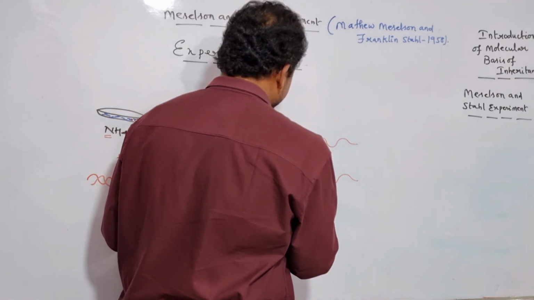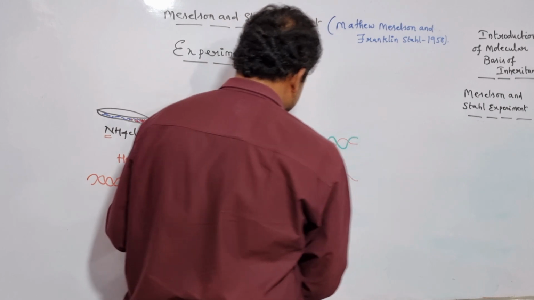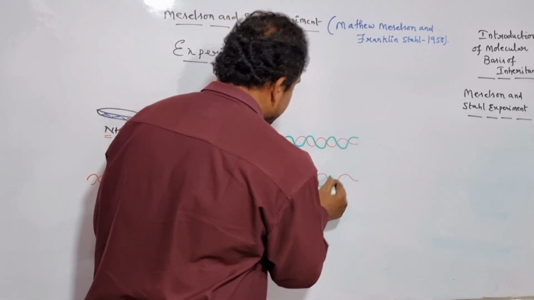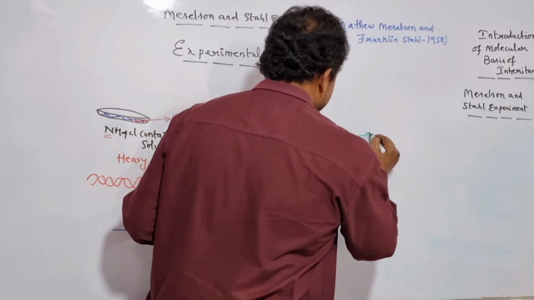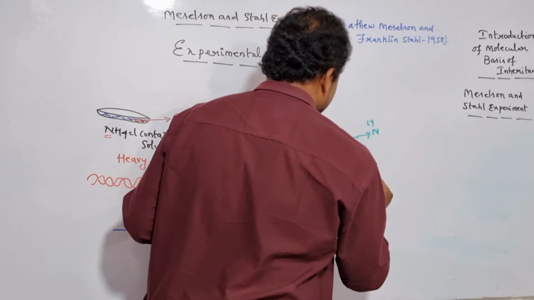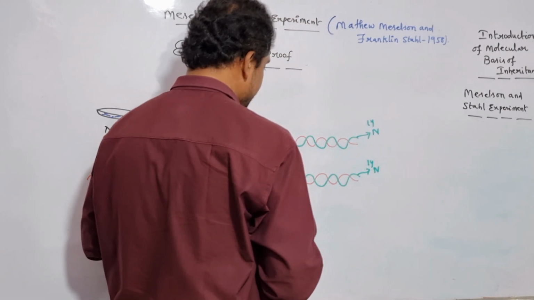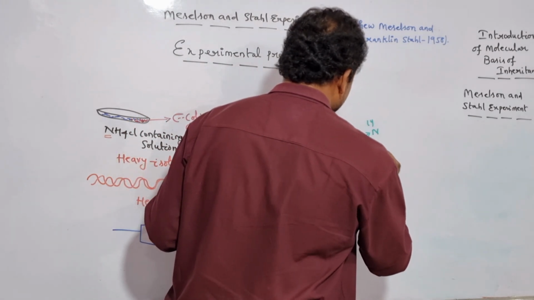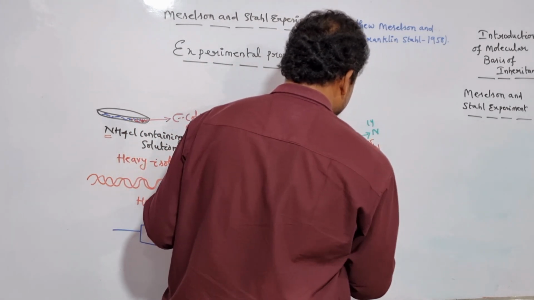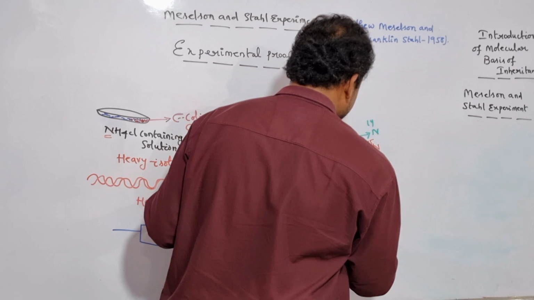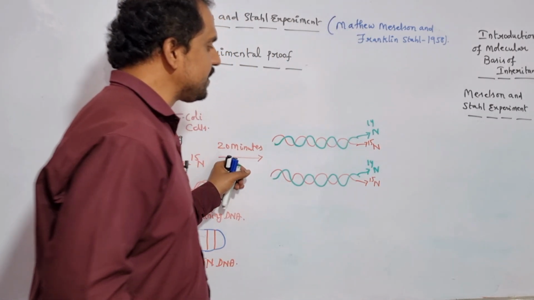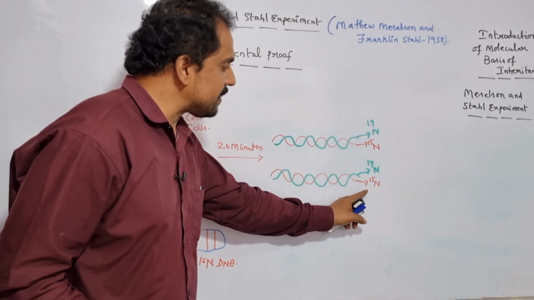So just look at here. It is nothing but the complementary DNA strand. So it is N14 containing DNA and here it is N15 containing DNA. N15. So the hybrid DNA is a mixture of both N14 and N15.